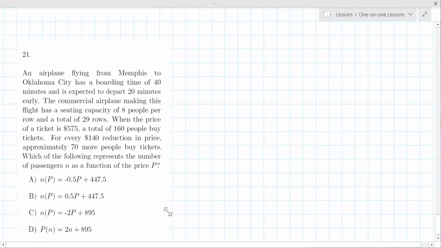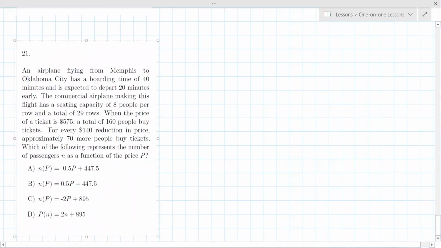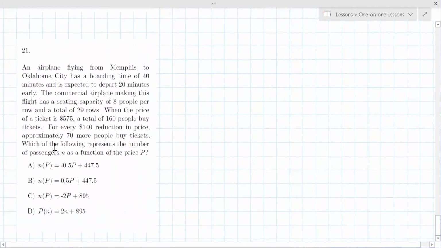It says, which of the following represents the number of passengers n as a function of the price p? So n, y is now n, and x is now p. Oh, so you switch. Okay. Yeah, and you do have to switch them or you will not get what you expect here. So the first ordered pair would be like 575, comma 160.